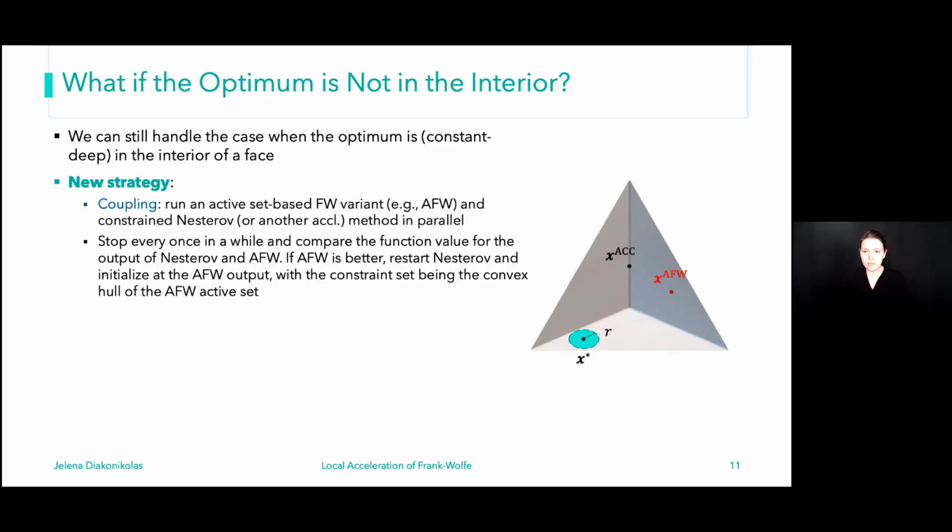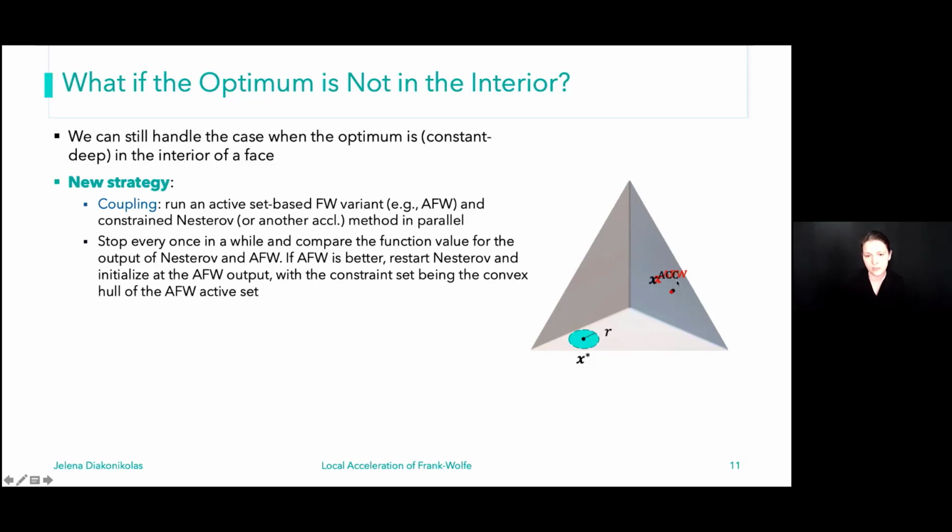So what you do is every once in a while, you stop and you compare the function value for Nesterov and for this away Frank-Wolfe. If away Frank-Wolfe gives you a better point, you restart Nesterov, you initialize it at this output point of away Frank-Wolfe, and you take the feasible set of Nesterov to be the convex hull of the active set.